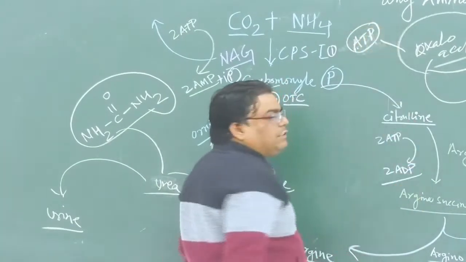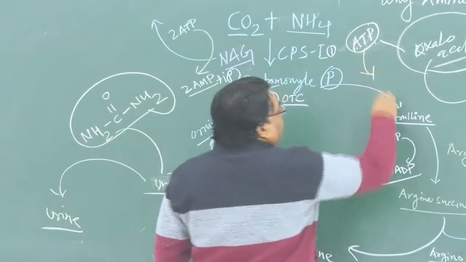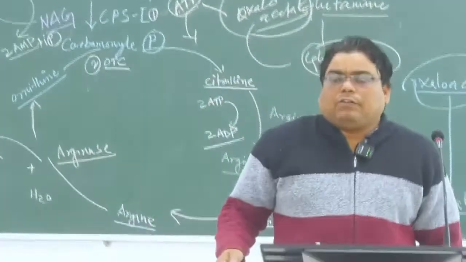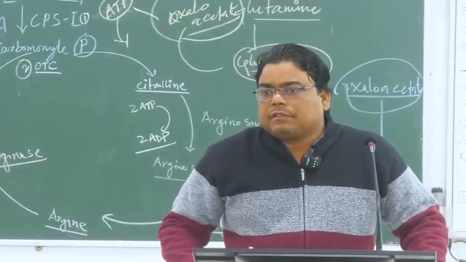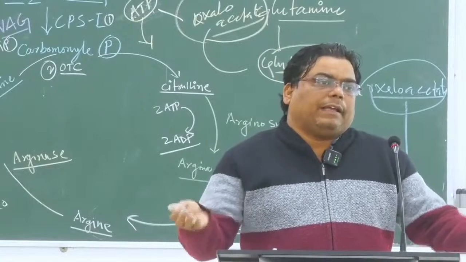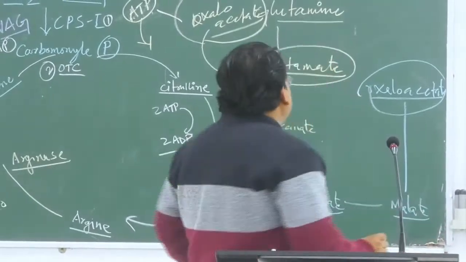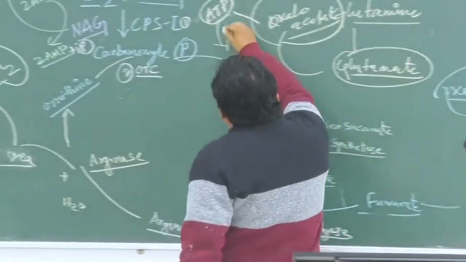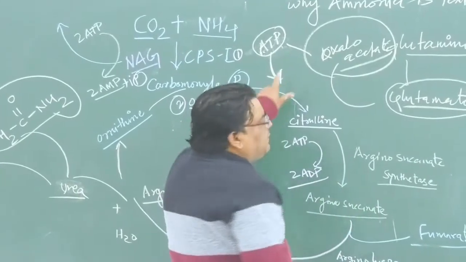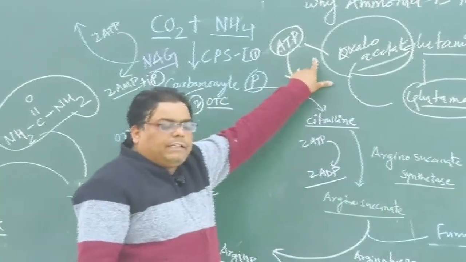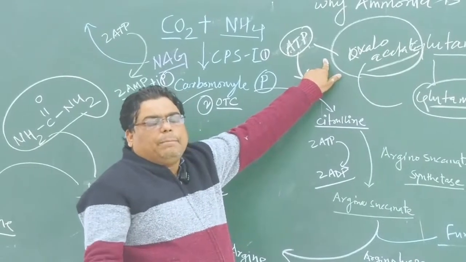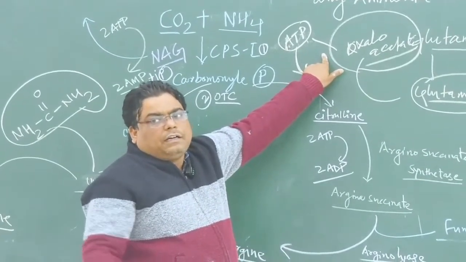If ATP production is stopped, the subject becomes depressed and non-active, and the person feels very depressive. This is the first effect. That means if there is a high level of ammonia in the blood, it can lead to less production of ATP due to impaired function of the TCA cycle.